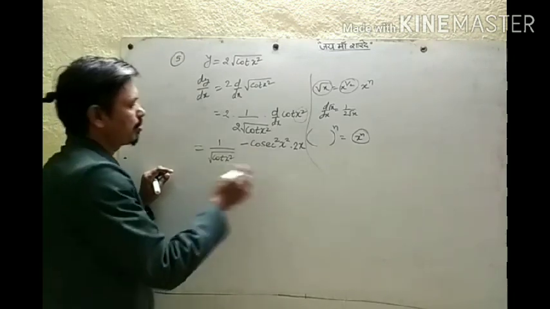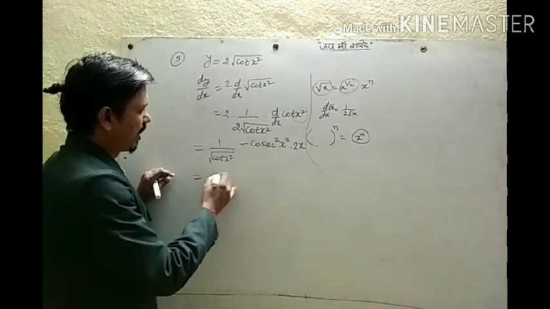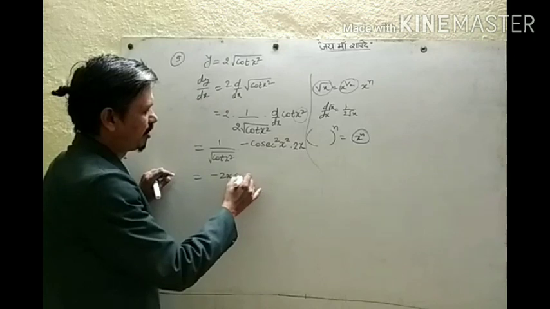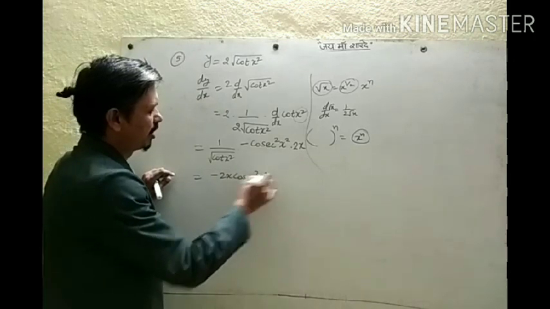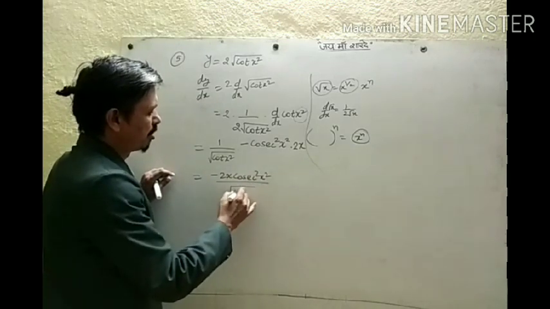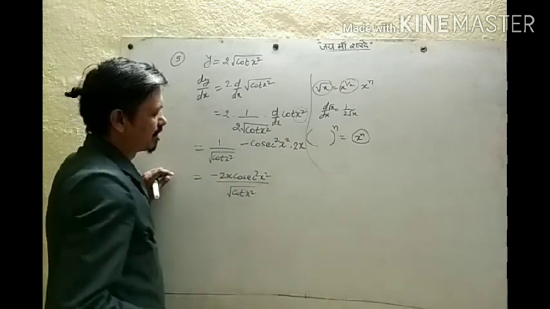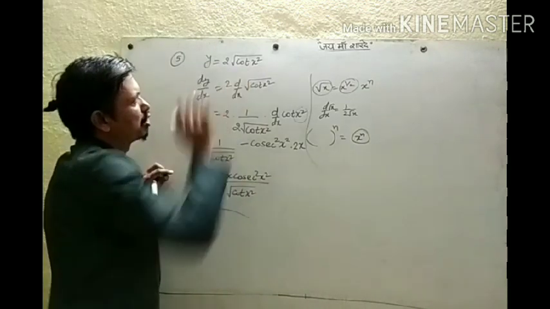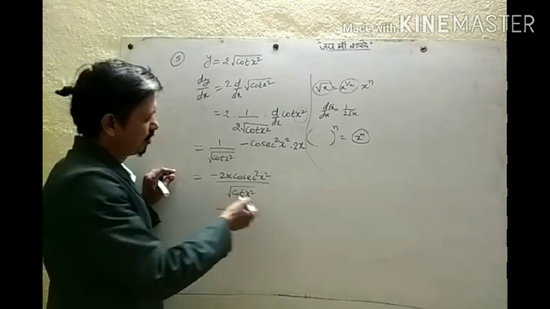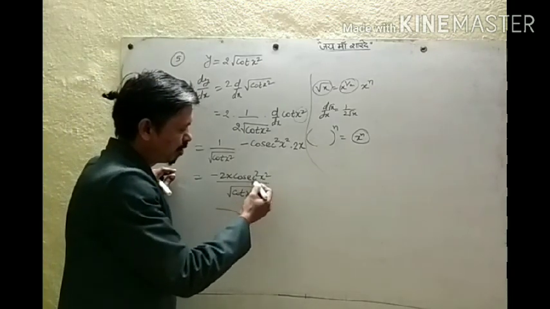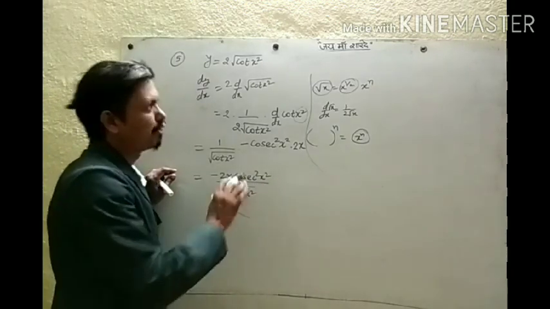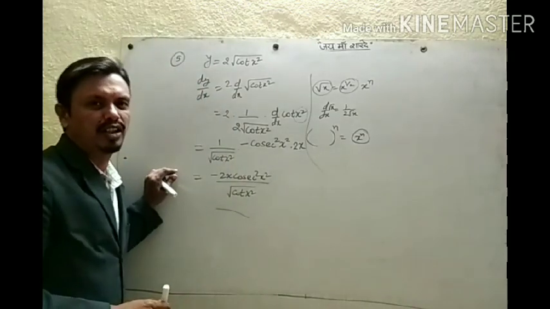Okay, so now we have minus 2x cosec square x square upon root cot x square. This is the derivative of twice the root of cot x square. Or by applying some trigonometry formulas, you can simplify this. That will be your derivative of y. Okay.